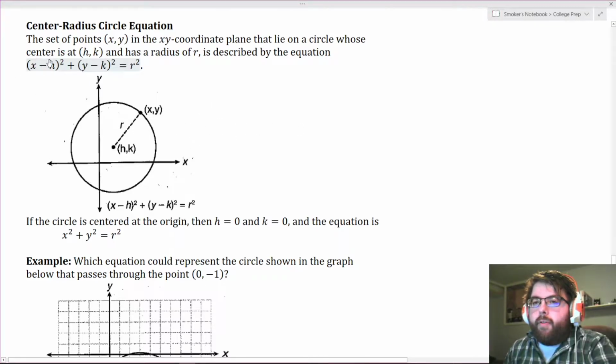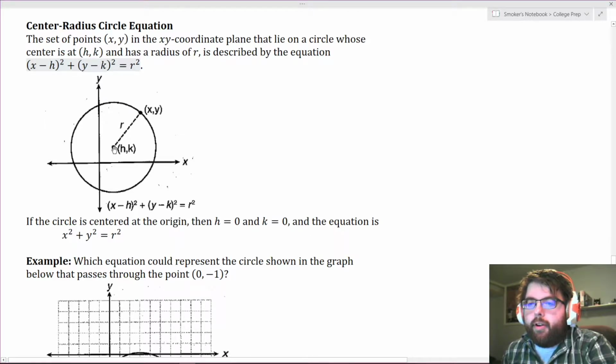Well, in this case, there will be numbers filled in for h, k, and r, and they represent something about the circle. r represents the radius of the circle, so whatever number's in for r will be the length of the radius. h and k, without the minus, are the ordered pair of the center of the circle.